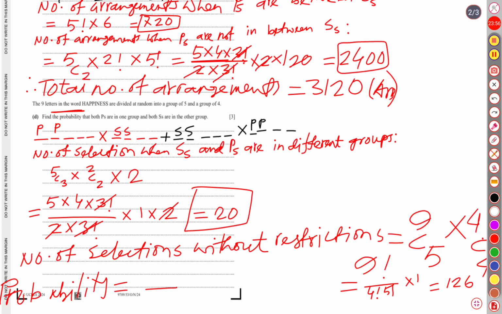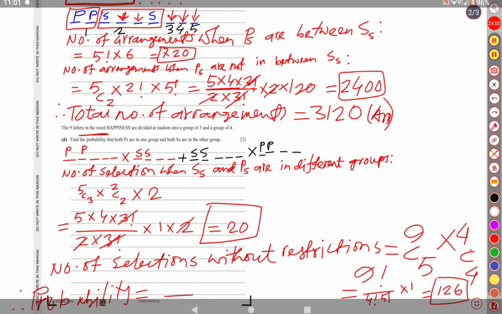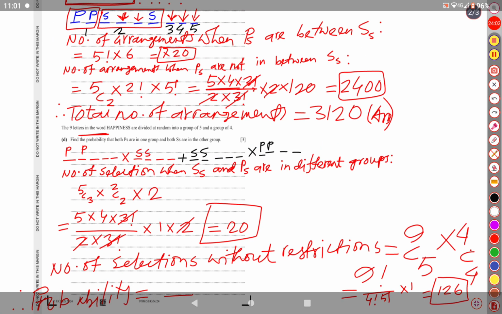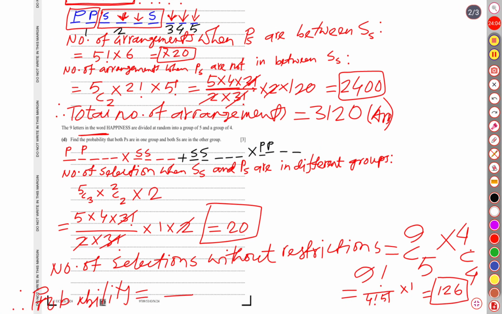With restriction there was 20 and without restriction there were 126. So we'll just divide 20 by 126.